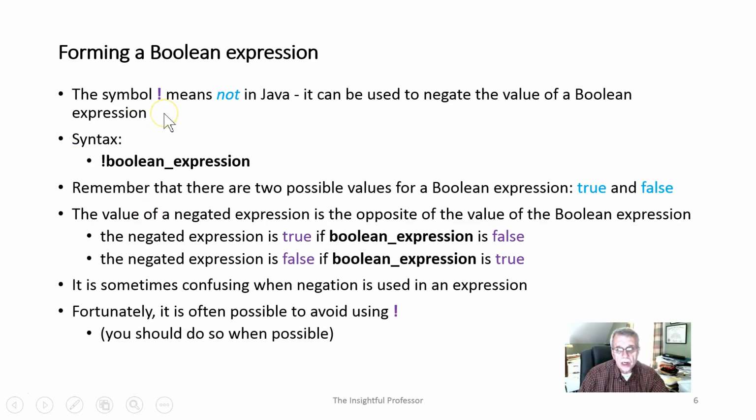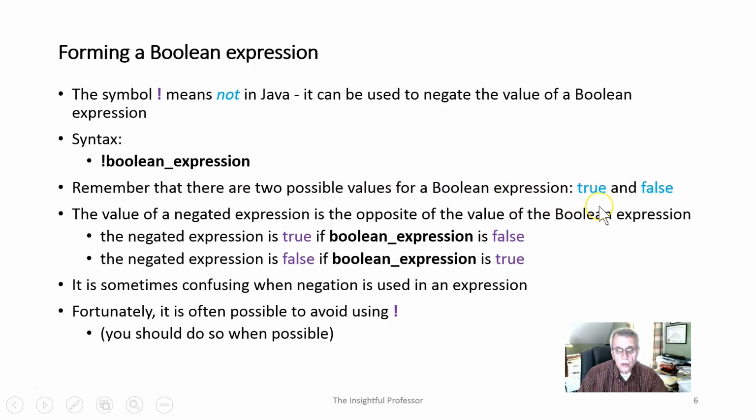The exclamation mark is actually the not operator in Java, and it's used to negate the value of a Boolean expression. So the Boolean expressions, we were giving you an idea of how these might be formulated using the relational operators. If we were to precede the Boolean expression with this not operator, with the exclamation mark, we're effectively toggling the value. Remember, there are two possible values for a Boolean expression.